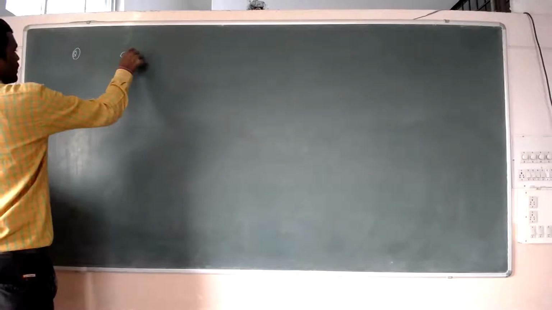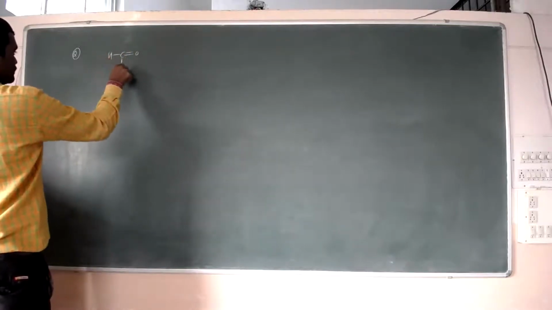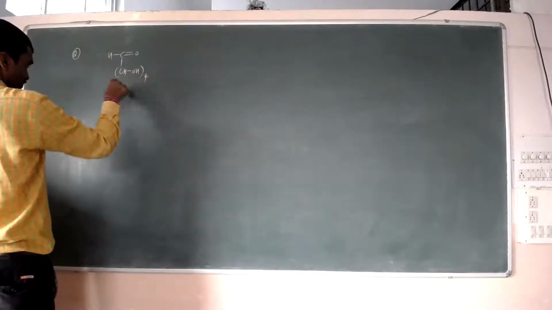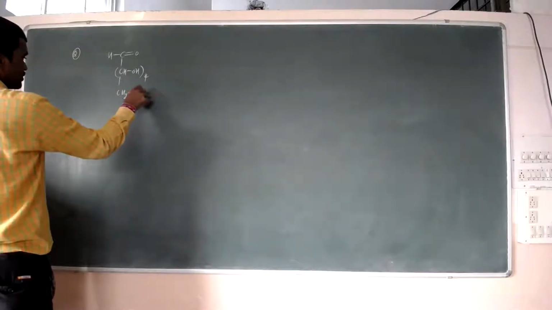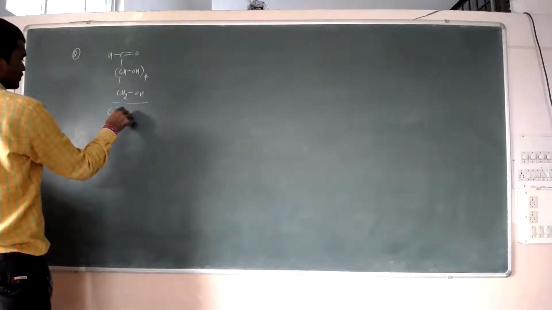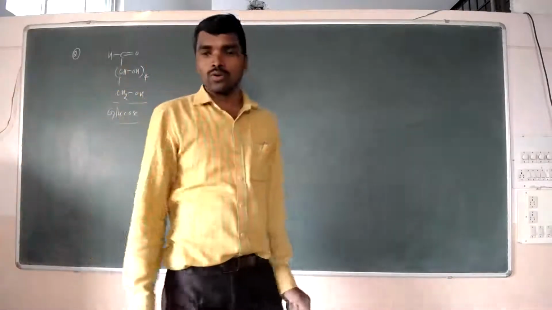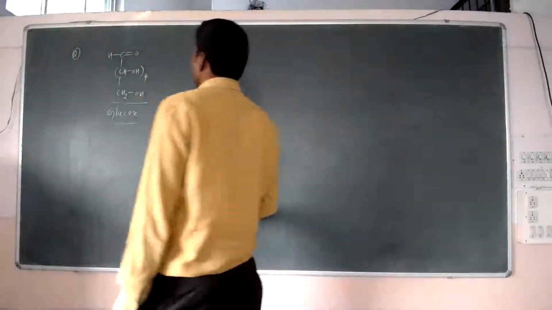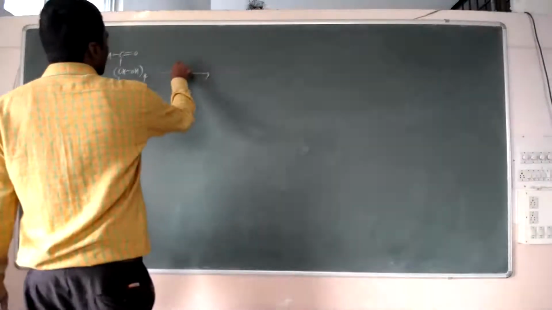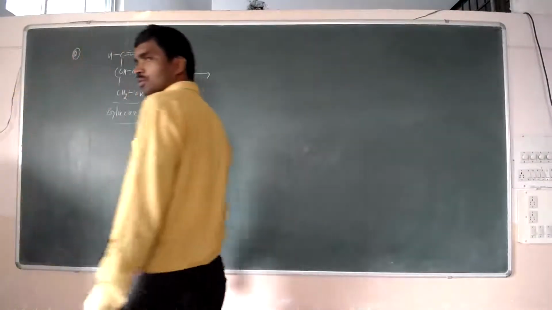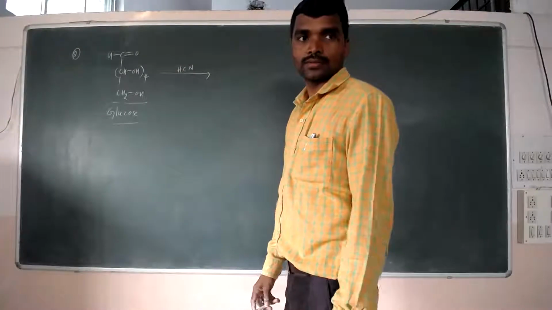The second one is C double bond O, CH2OH. What is this? This is glucose only. This glucose is reacting with HCN.